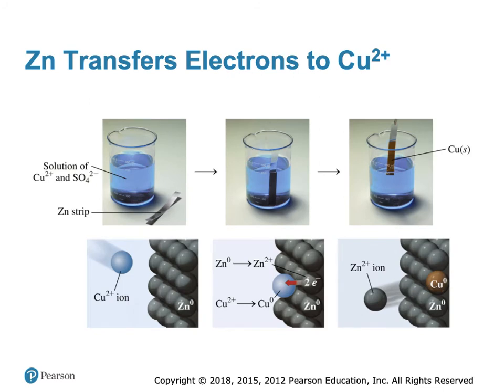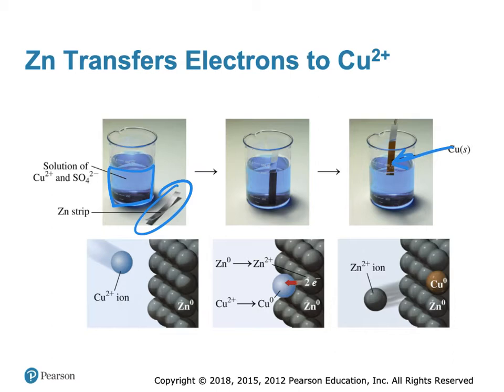All right, so let's look here where we have zinc metal transferring electrons to copper ions. In this solution, you have copper sulfate. We're going to put in a strip of zinc metal. And then you can see this reddish color deposited on the metal surface. What's happening is that copper 2+ is gaining electrons from the zinc metal.